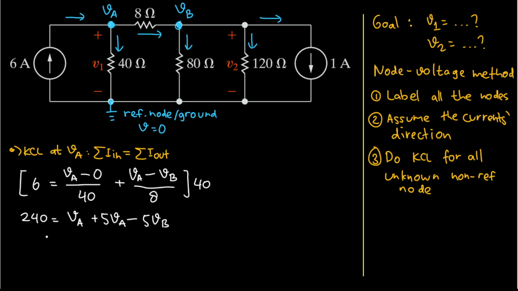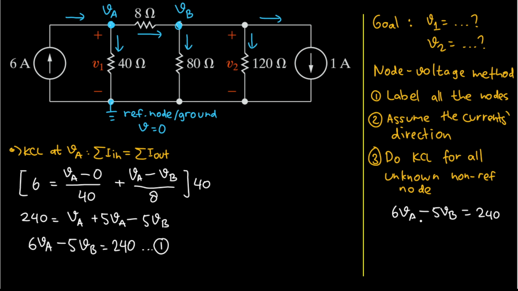And 1 plus 5, that will be 6 VA, and then minus 5 VB, and that will equal 240. And I think this is our first equation. So we will have 6 VA minus 5 VB is equal to 240. Good.